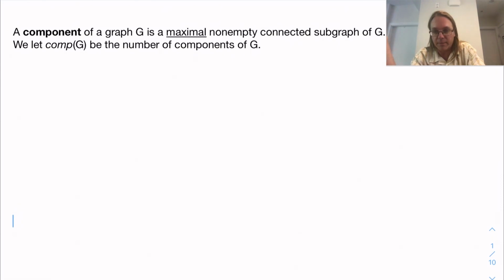If I give you a set of numbers, the maximum is the biggest number in the set, the minimum is the smallest number in the set, right? And what's going on there is that numbers are, to speak formally, totally ordered. For any two numbers I give you, one is bigger than the other, and the other one's smaller. When we work in settings that are graph theoretic, there are concepts of maximal and minimal.